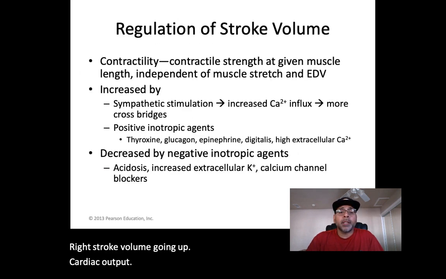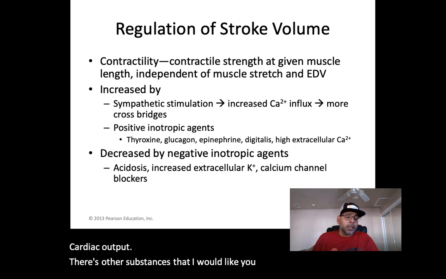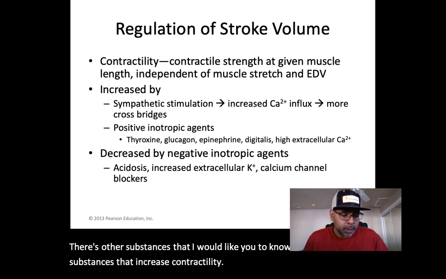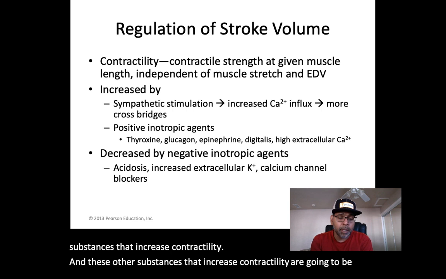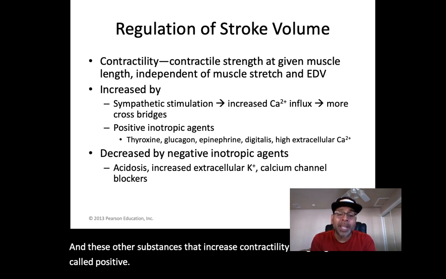There are other substances that I would like you to know. There are other substances that increase contractility, and these are called positive inotropic agents.